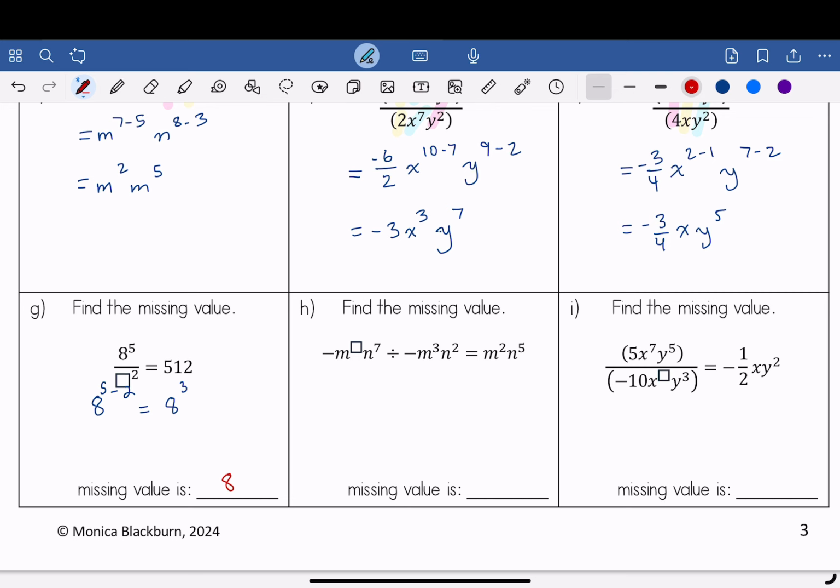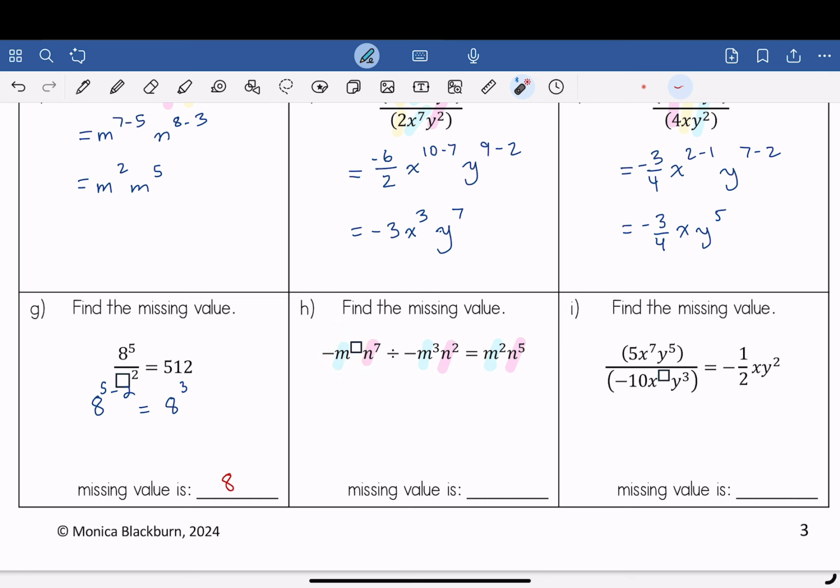Looking at example H, find the missing value again. So we have division, a quotient, and we have two variables, m and n. So we're going to examine the m's, since that is the one that we're missing.